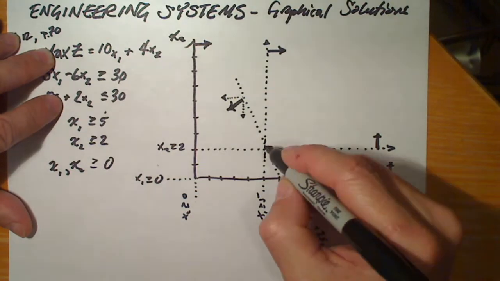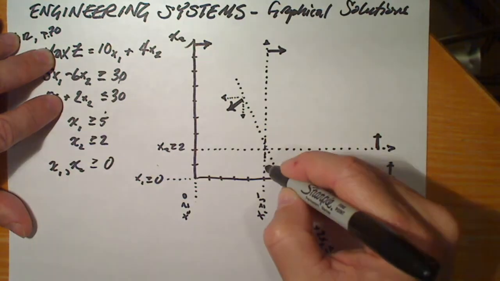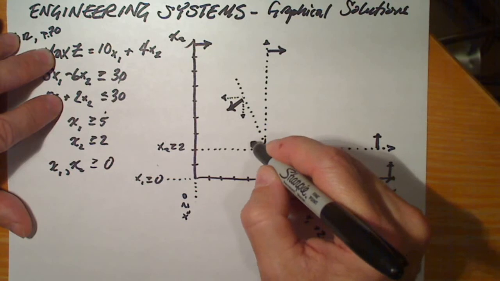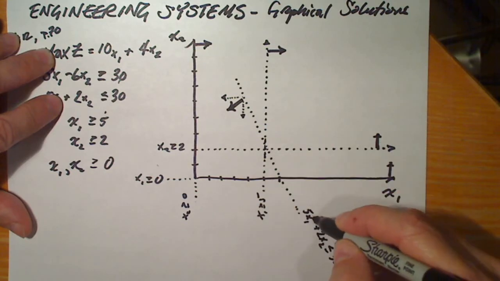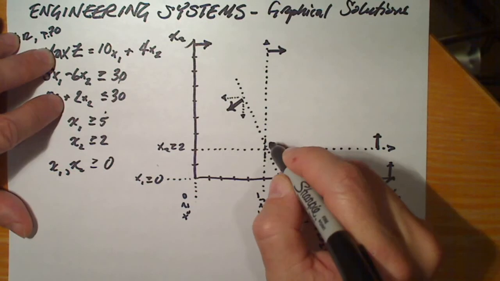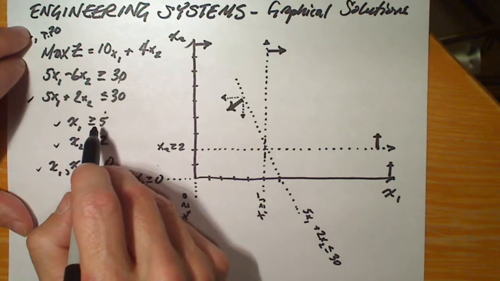That might suggest that there is a tiny little feasible region that satisfies the x1 greater than or equal to 5, the x2 greater than or equal to 2, and the 5x1 plus 2x2 less than or equal to 30 right in here. But we have one more constraint equation to plot.